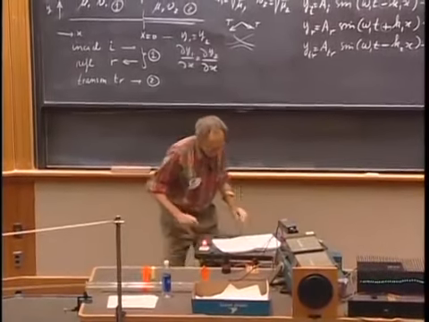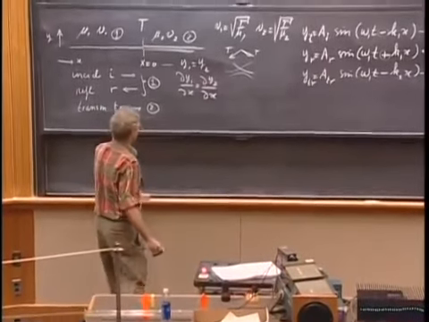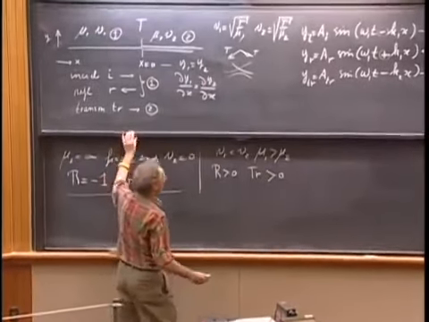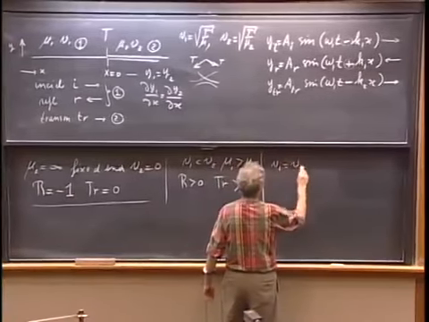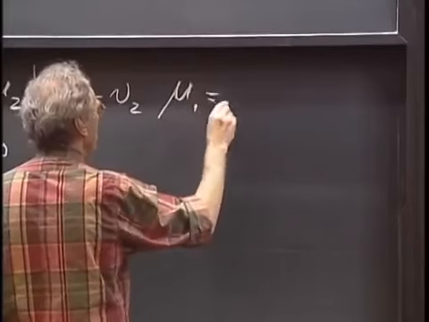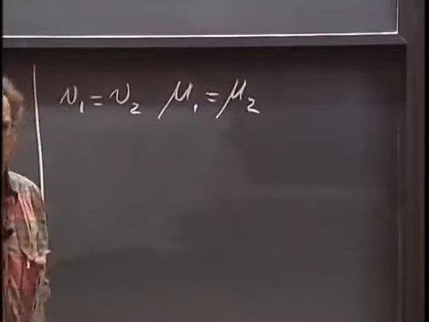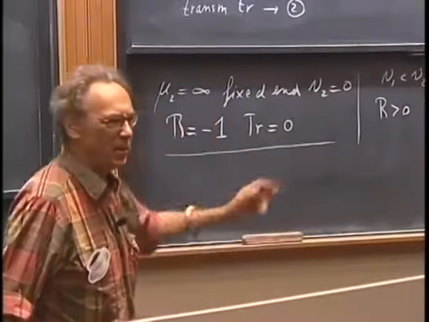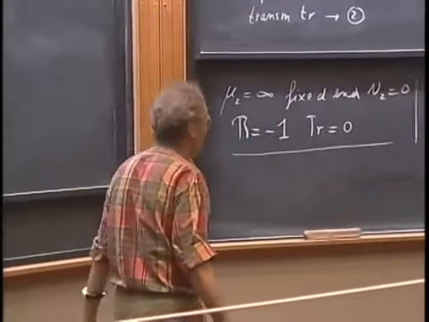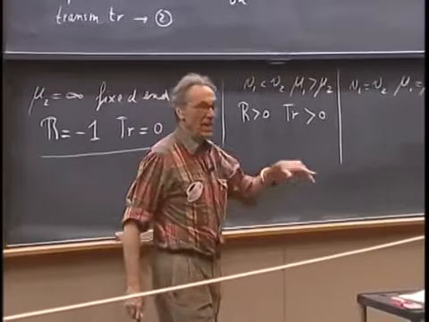So now we take an example which is absolutely thrilling. V1 equals V2. That means mu1 equals mu2. That's another way of saying there is no junction. It's just one rope, all the same material. Well, if there is one rope with all the same material, do you think that anything will reflect?